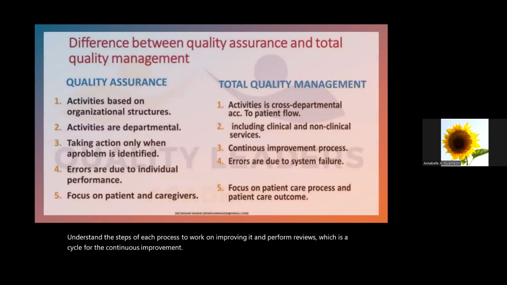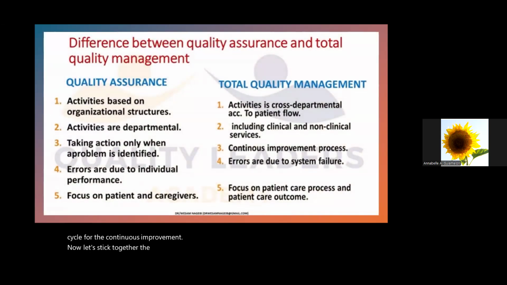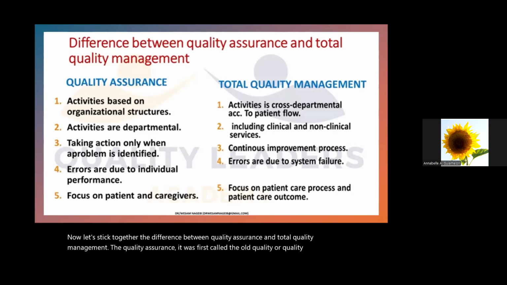Now let's take together the difference between quality assurance and total quality management. Quality assurance was first called the old quality or quality in the past, and its activities were related to external structure or changing the building's appearance, while total quality management activity is cross-departmental according to patient flow, meaning that any improvement we make is done as a team.